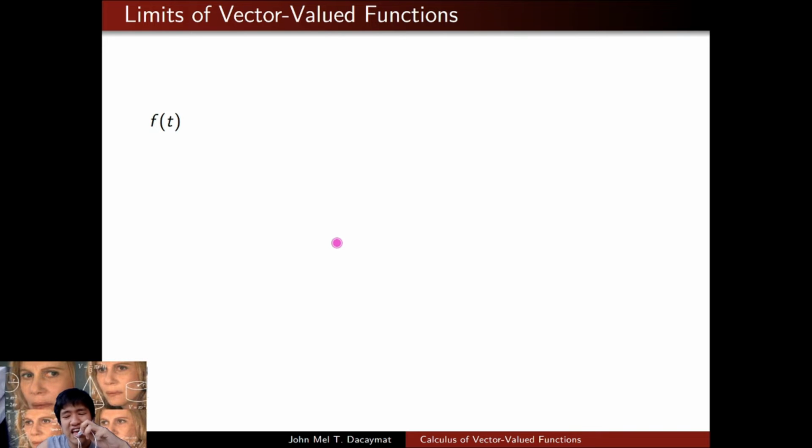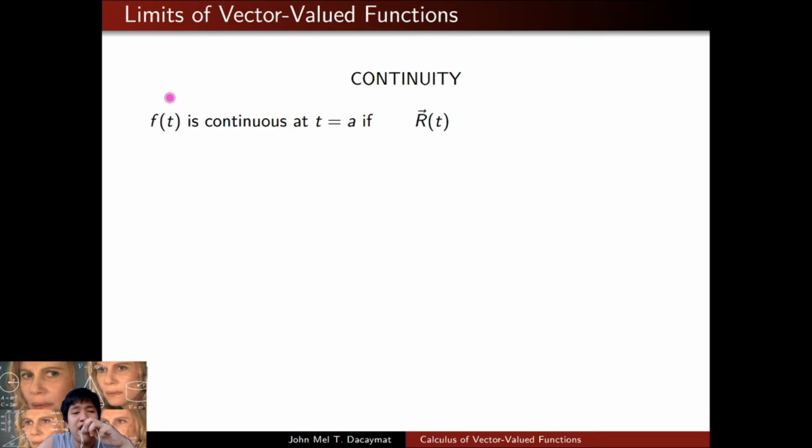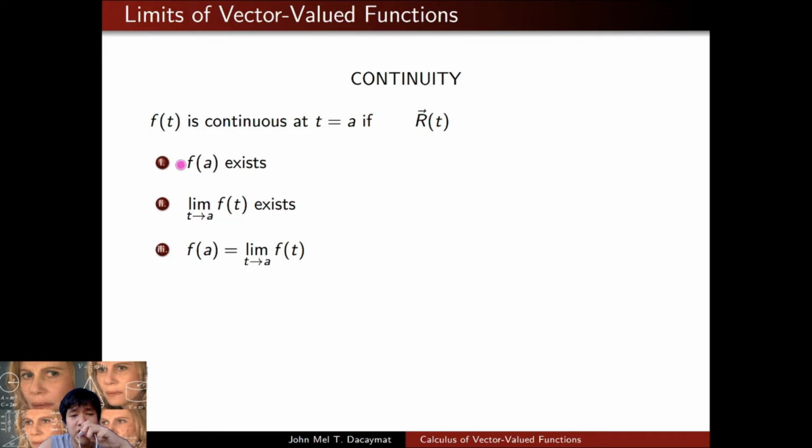Hindi natin mahihiwalay lagi yung konsepto ng continuity. And you learned that sa vector valued function, you also have a concept of continuity. If you remember, for a real function f to be continuous, let's say at a point A, you have to satisfy 3 conditions. Una, dapat function value at A should exist. Pangalawa, the limit as t goes to A of f should exist. At pangatlo, yung limit na yon and yung function value should be equal.